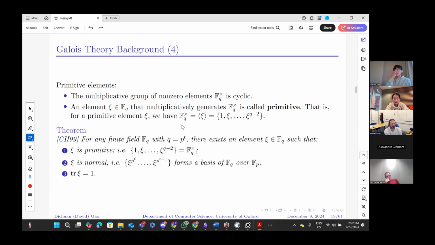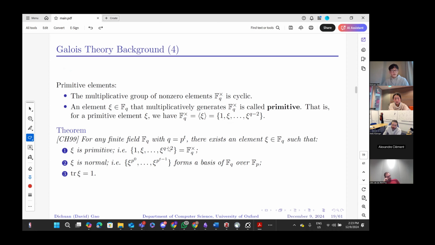Multiplication by each of them is invertible, so they form a multiplicative group, and a result of Fermat's little theorem is that this multiplicative group is cyclic of size q minus 1. And because it's cyclic, you can find generating elements for it, and an element that is a generating element in this sense is called primitive. So if psi is primitive, then the group of non-zero elements is of this form.